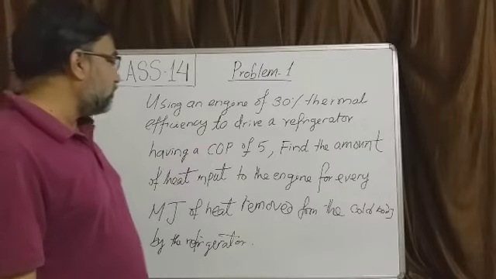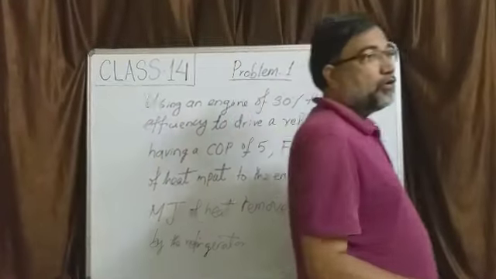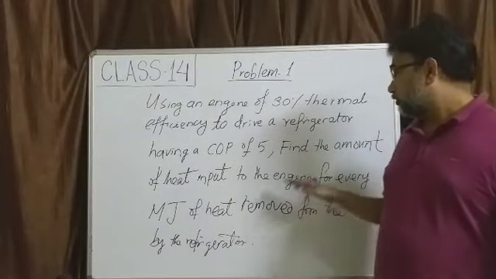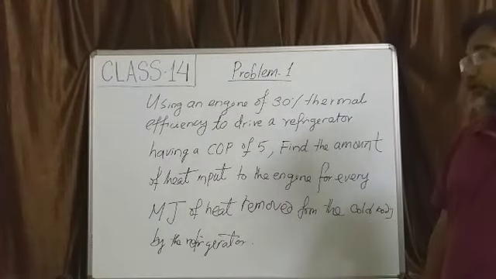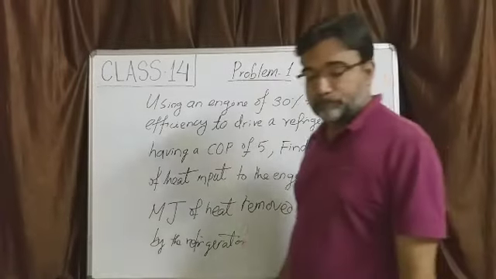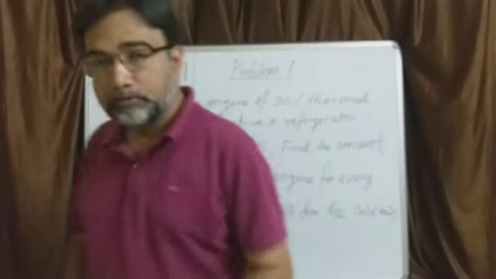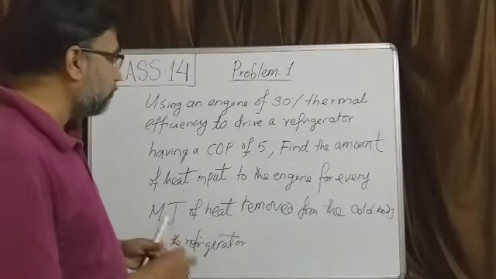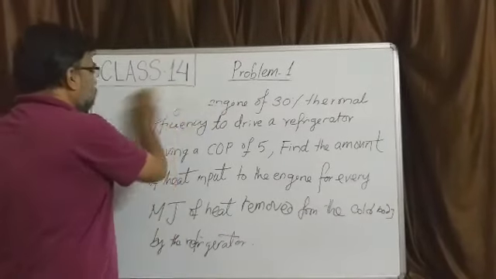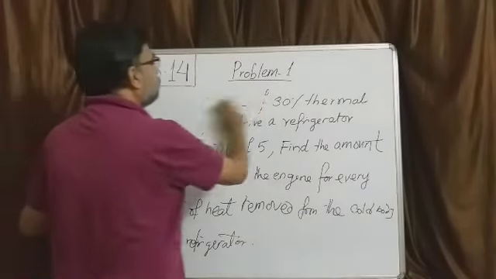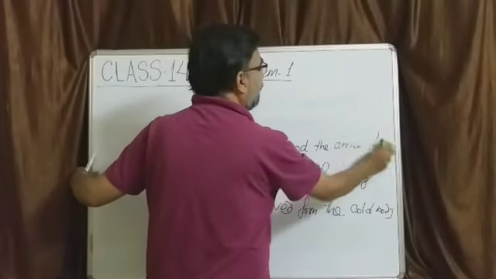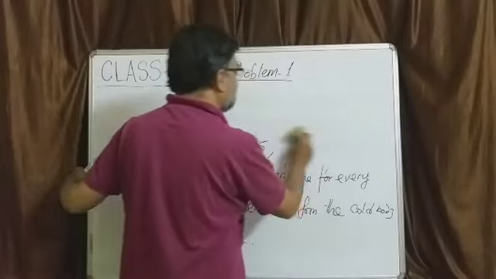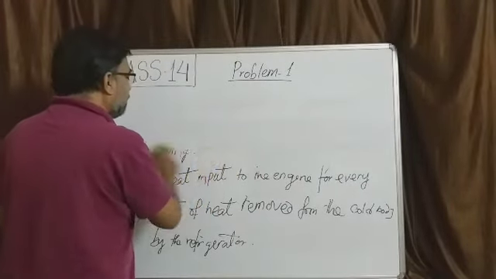Find the amount of heat input to the engine for every megajoule of heat removed from the cold body by the refrigerator. Okay. Now, I think you have understood the problem. Now we will move on to give a sketch of this arrangement where an engine and a refrigerator are coupled.